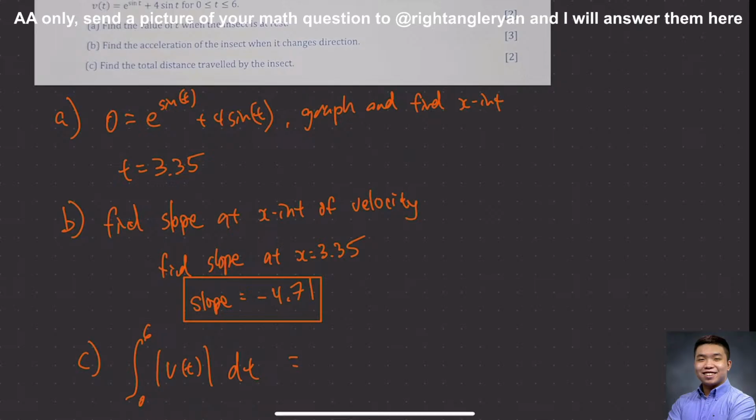Integrate from 0 to 6 of the absolute value. 20.7534. Yes, 20.8, right? Okay. Next.